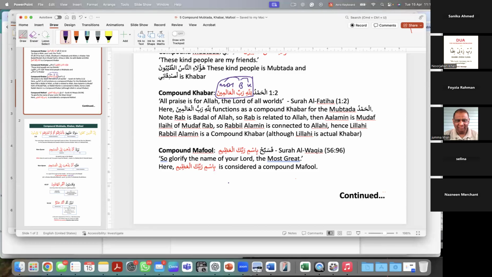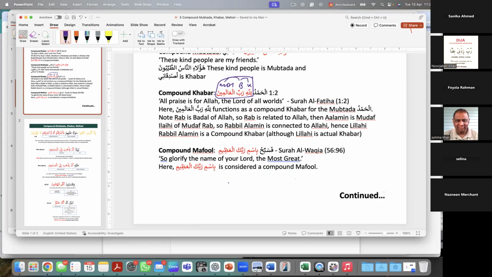Compound maf'ul. Fasabbih bismi rabbikal azim. Fasabbih. So I've got an amr, then after that it's coming, fa'il. After that, what comes normally? Maf'ul. But I've got a jar majrur in the beginning. I have a problem, but I look at the meaning then.